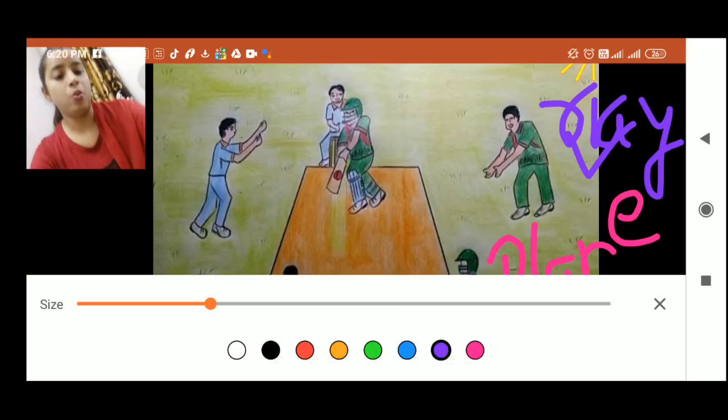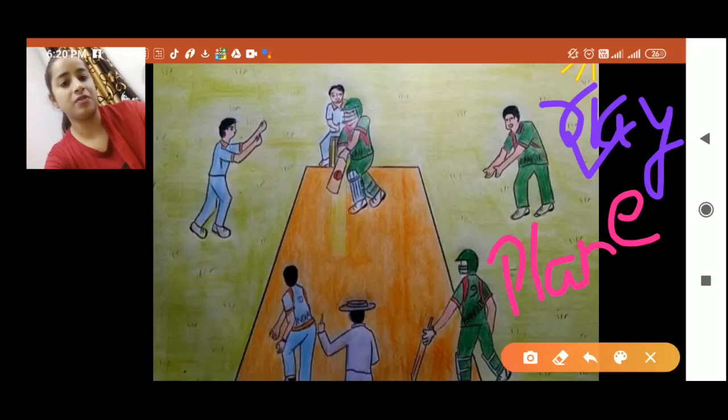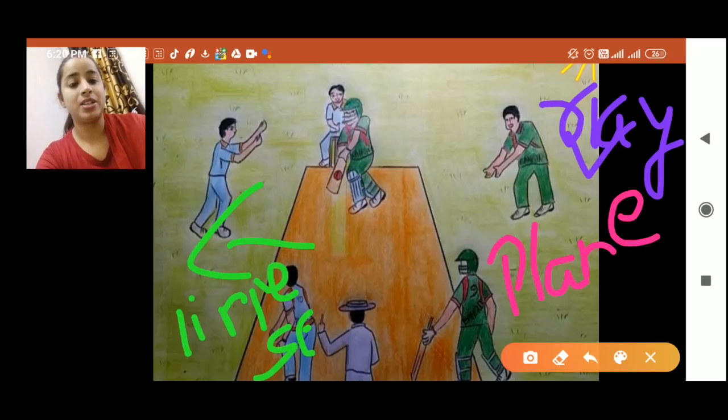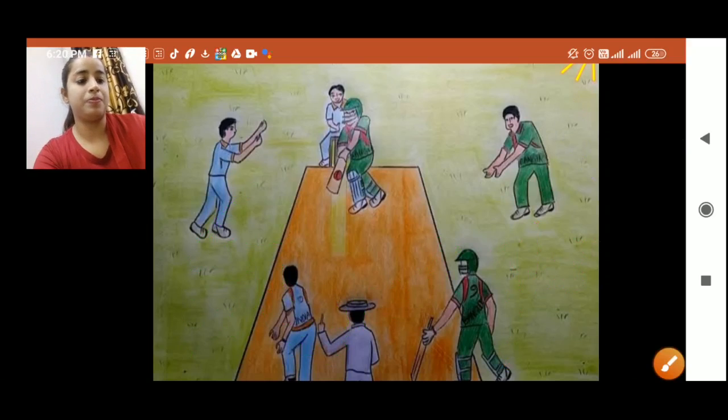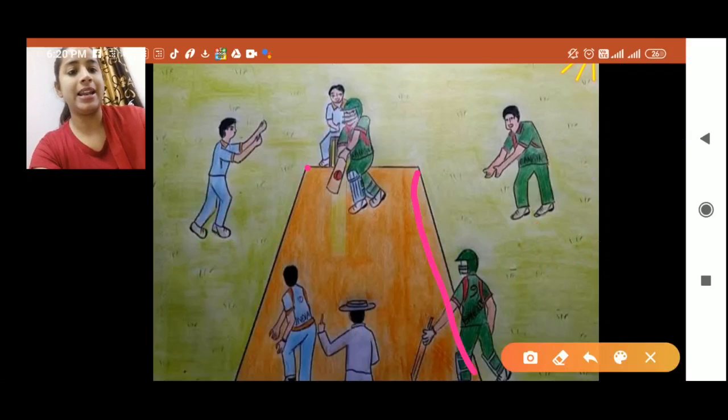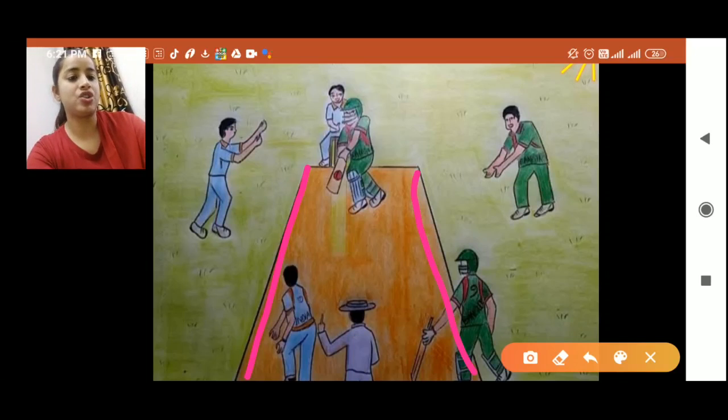Now the other one, this pitch of a cricket ground, is actually a line segment because we can measure its length, and the boundary of this pitch, extended endlessly in the direction, is actually a line.